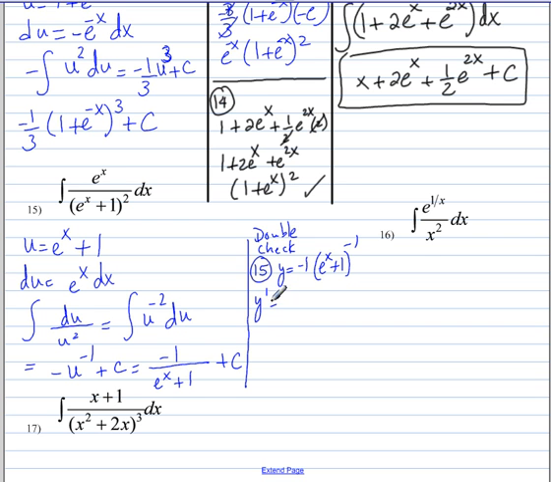So the derivative, -1 times -1 is +1, e to the x plus 1 to the -2 times the derivative of what's inside, which is e to the x. And that is, in fact, what we started out with, e to the x over e to the x plus 1 to the second.